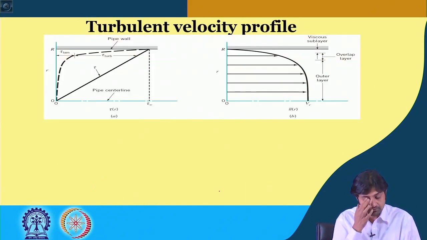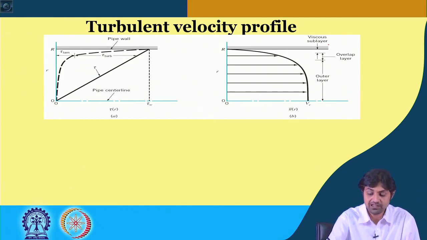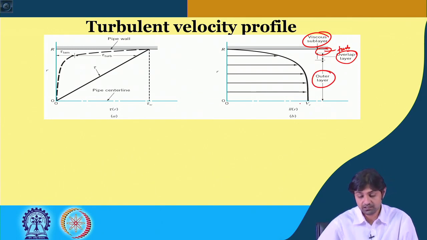This is a figure showing different areas in a pipe flow. The area near the wall is called the viscous sublayer, then there is the turbulent layer, then an overlap layer, and then an outer layer until the center line.